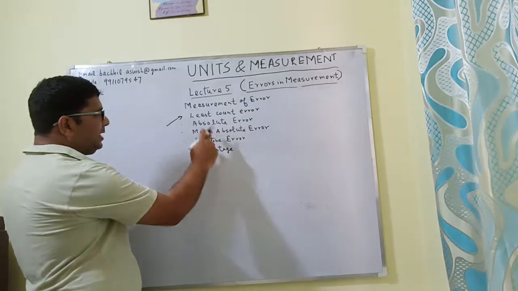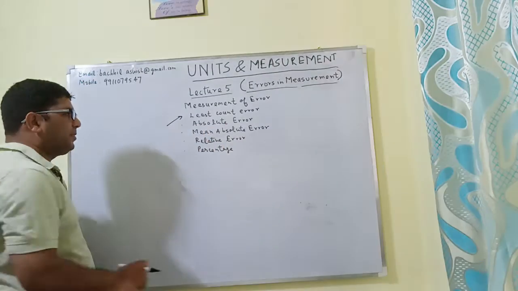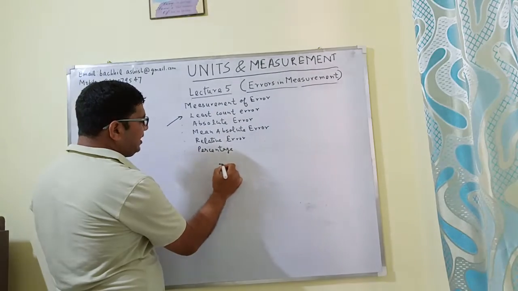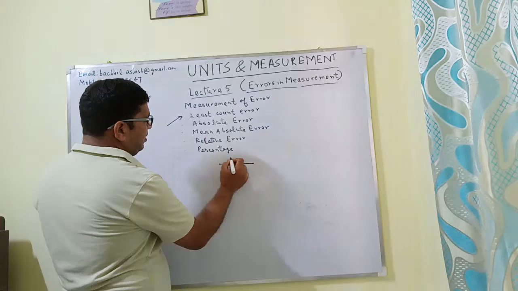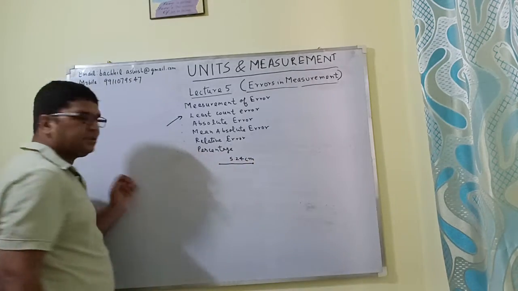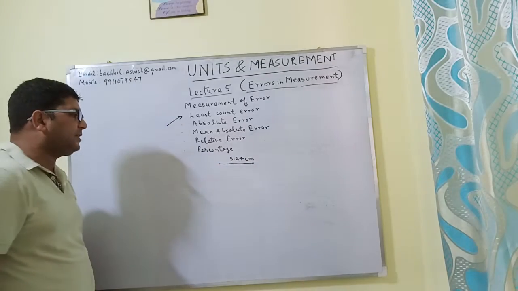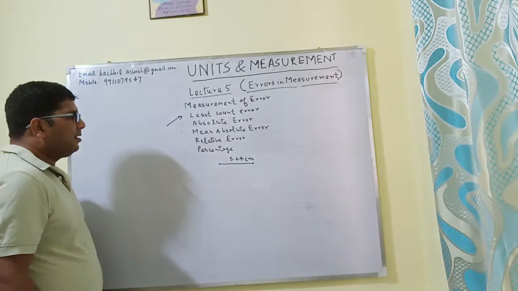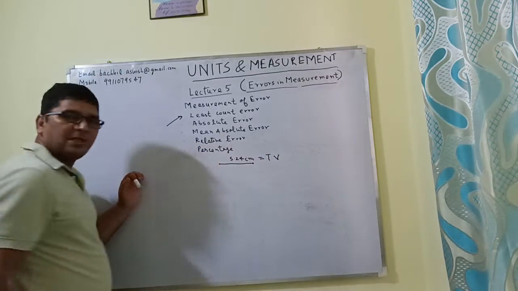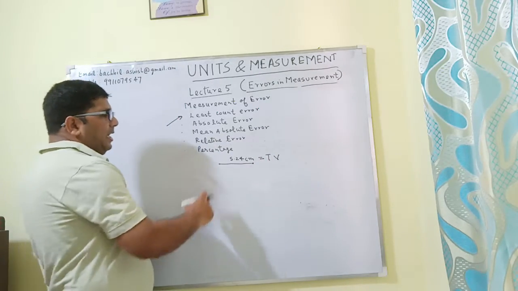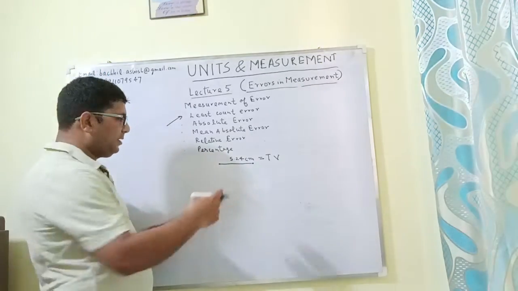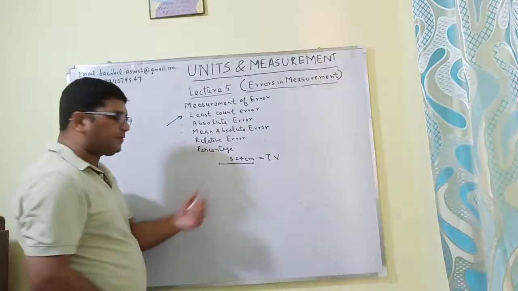Now I will try to explain this with the help of an example. Let us say there is a physical quantity which has a length of 5.24 centimeter. We know that this is the true value. Now, I am given a measuring instrument and I measure the length of this physical quantity.